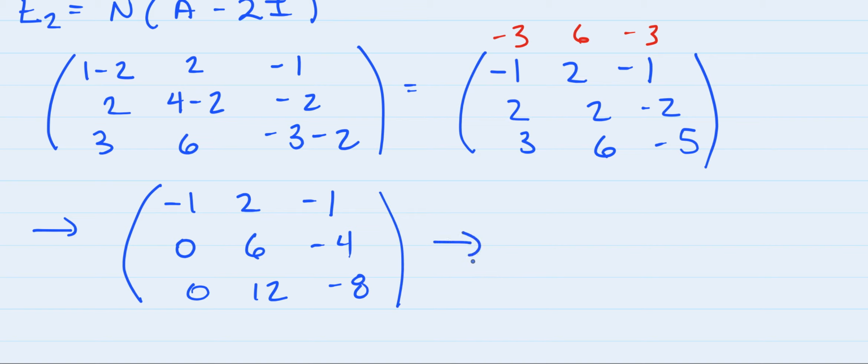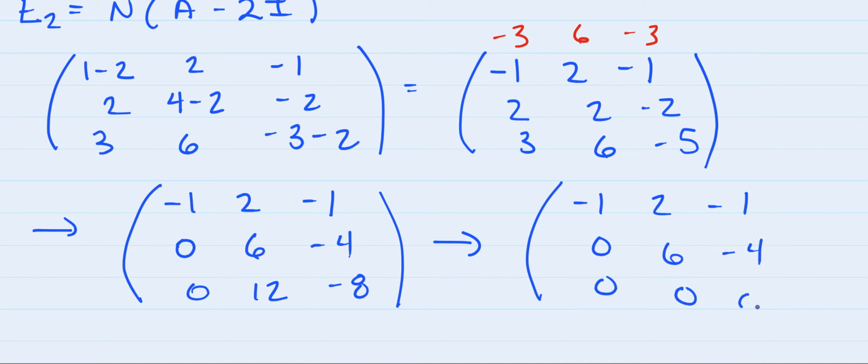From there, notice that if we multiply this row by -2 and add it to the bottom, it cancels out the bottom row, so we get -1, 2, -1, 0, 6, -4, 0, 0, 0.